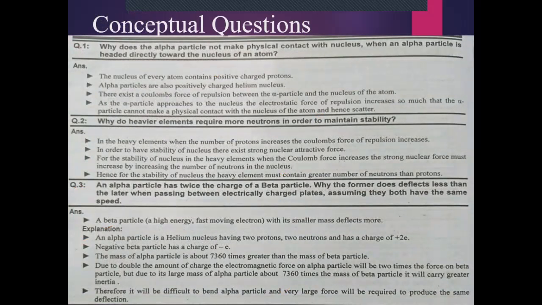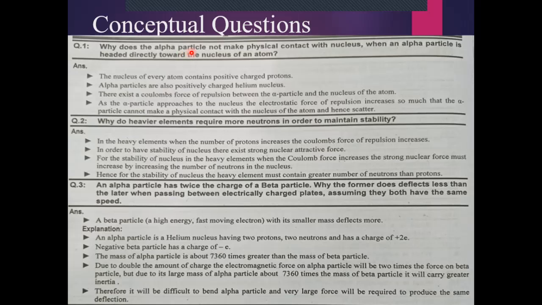Then conceptual questions of this chapter, which are included in reduced labels. First one is, why does the alpha particle not make physical contact with the nucleus when an alpha particle is headed directly towards the nucleus of an atom? First of all, nucleus or atom, they do not have a sharp boundary. Also, the nucleus is positively charged, and the alpha particle is also doubly positively charged.